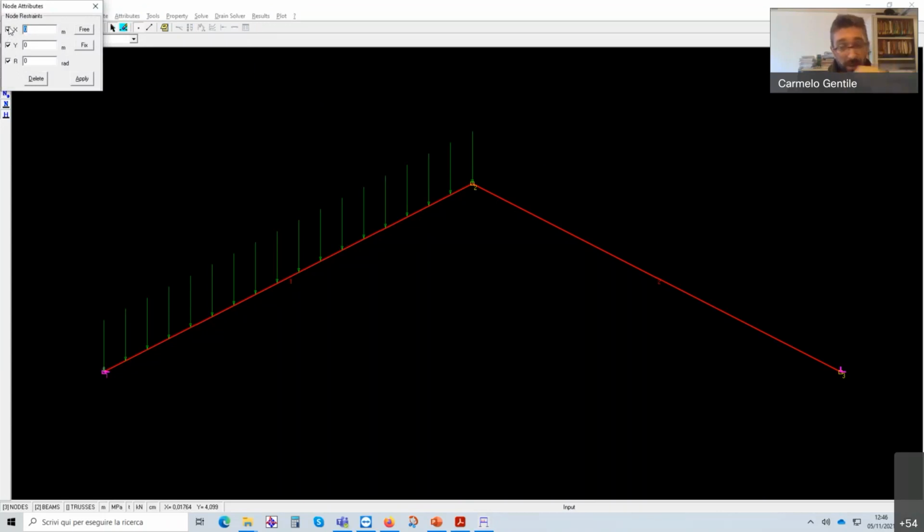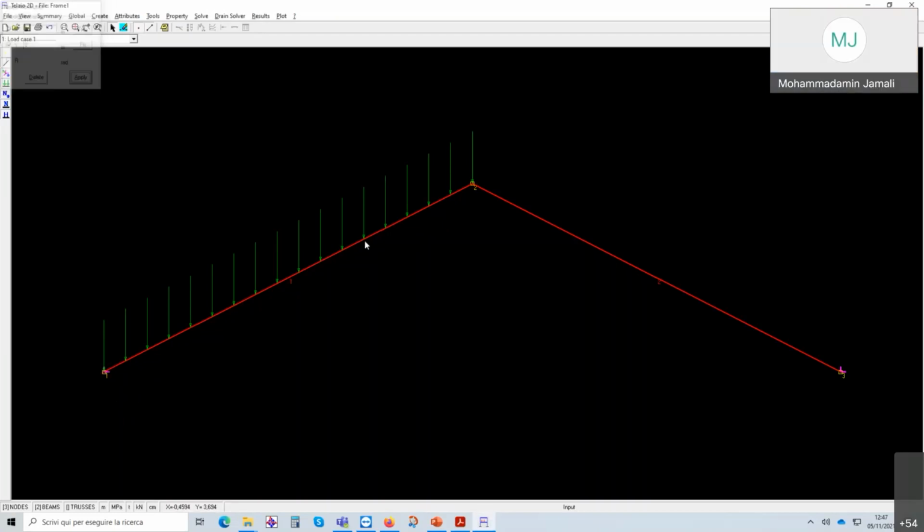Assume that I want to remove the horizontal restraint here. I select node 1. Okay, you have to go on delete. Use the delete. Yeah. Thanks. You're welcome. But now let's just reapply everything.